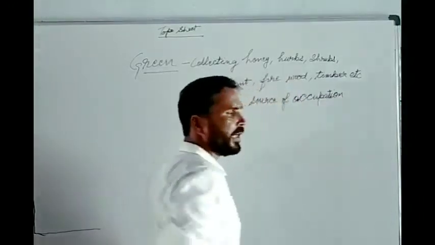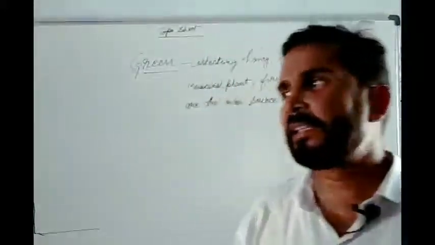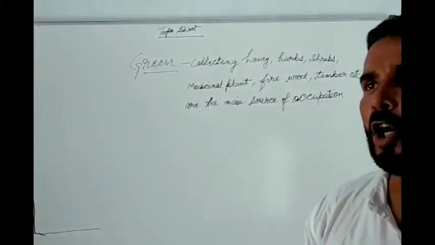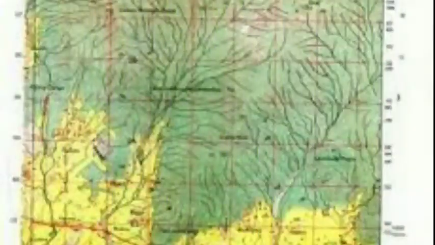I think it will be clear that whenever the examiner is asking about the occupation, that time you have to remember the colors. Green color, yellow color, whatever is given, in most of the cases you will get either green color or yellow color. Means maximum part of the map will be shown with these two colors.